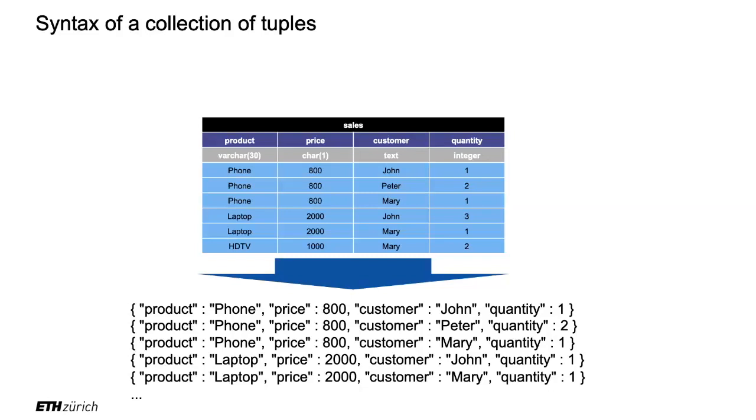First, it's flat because you don't have any arrays or objects nested in there. The only object you have is the outer object. And second, it's homogeneous because all of the objects have exactly the same keys. And on top of that, they have the same kind of values, right? Product is a string, price is a number, and so on. So this is why tables are a special case of that. And JSON extends what tables can do because it allows for nestedness and heterogeneity.